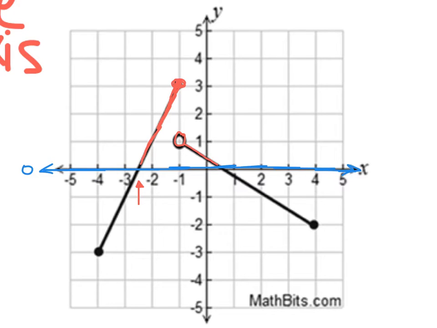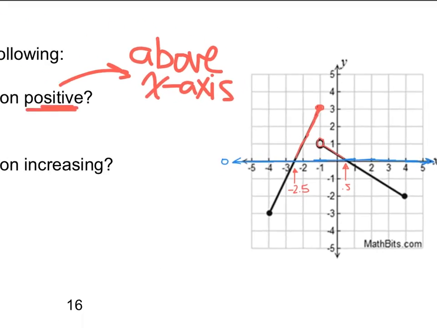So I'll write negative 2.5. Then it stops here at, I'm guessing, 1/2, or I'll write it as 0.5 because I wrote the other one as a decimal. Not that it matters. Everything else is pretty clearly defined in terms of a value, and not fractional.